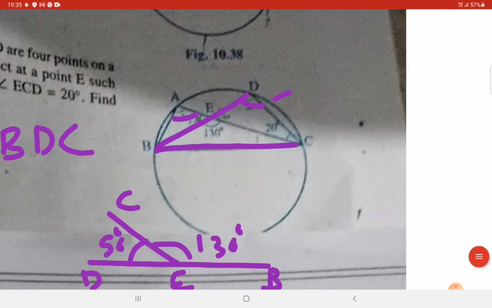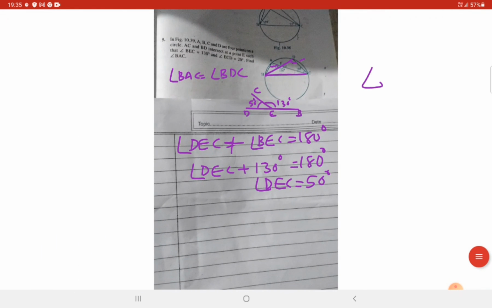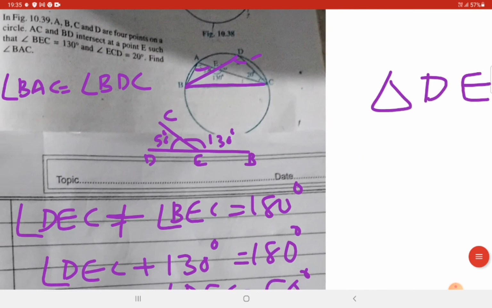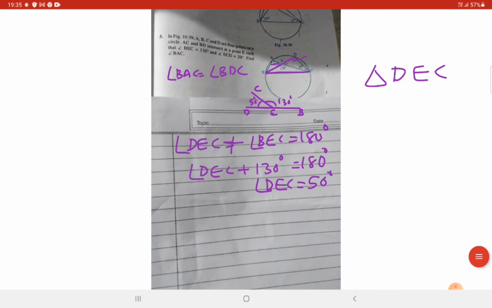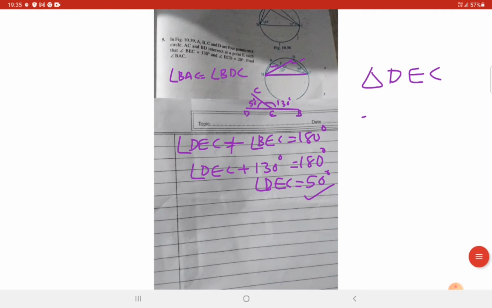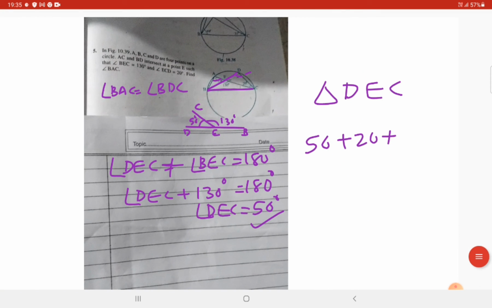Now apply angle sum property for the triangle DEC. In that two angles we know, angle E and angle C. Angle E is 50 degree, angle C is 20 degree. So 50 plus 20 plus angle D is equal to 180 degree.